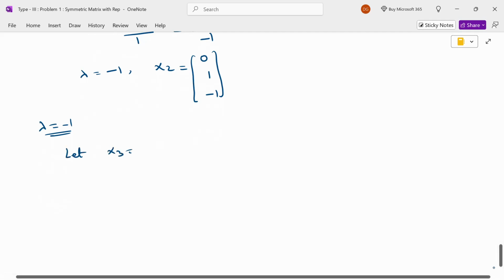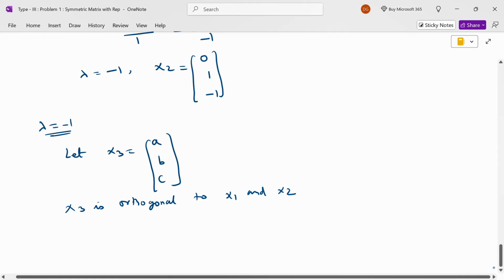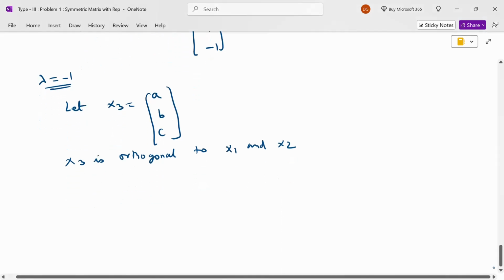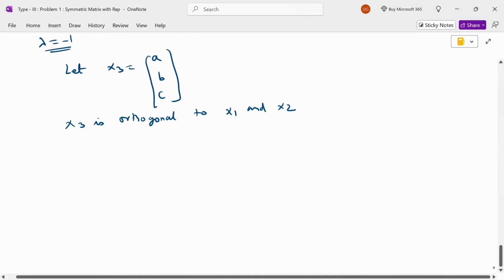So x3 is a, b, c. Here x3 is orthogonal to x1 and x2, the two eigenvectors.